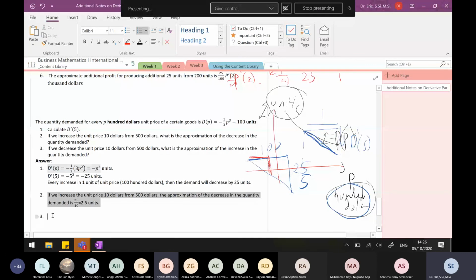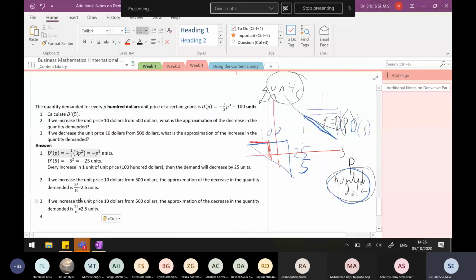Increase by 2.5. If we decrease the unit price, the demand will increase. What is the increase? 2.5 units, the same. It is a good example, because the unit is 2.5.